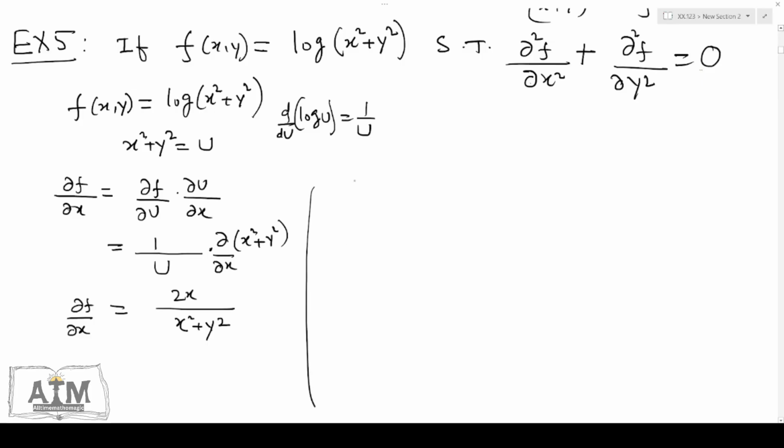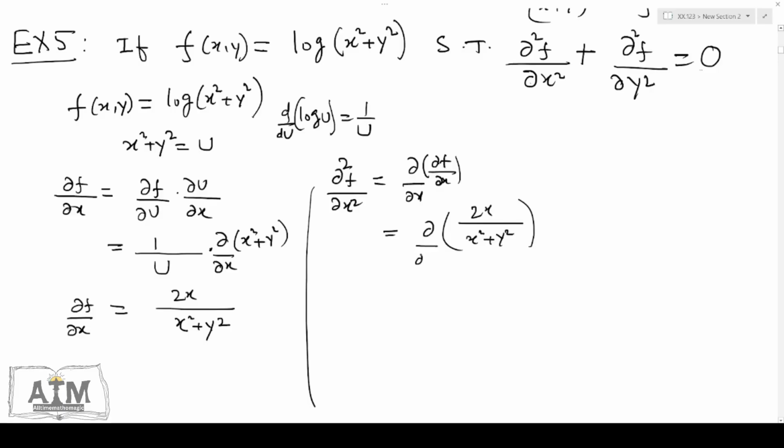Now we'll find the second order derivative with respect to x. Dou 2f by dou x2 equals the partial derivative of dou f by dou x with respect to x, which equals the partial derivative of 2x upon x square plus y square with respect to x.